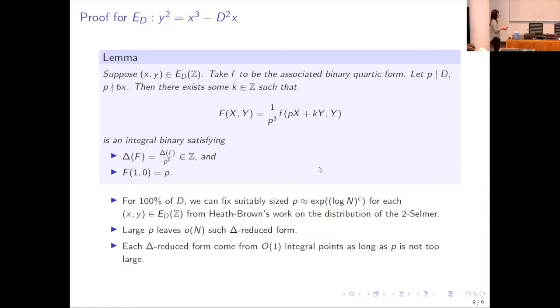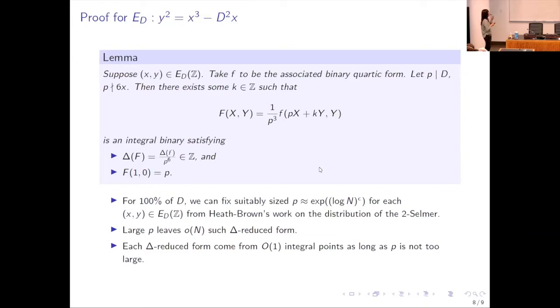In order to bound this, I will need to apply some known bounds on the two-way inequality, which requires the resulting discriminant to be not too small, and as long as P is not too large, I can control the number of points that get mapped to one single two-Selmer element.